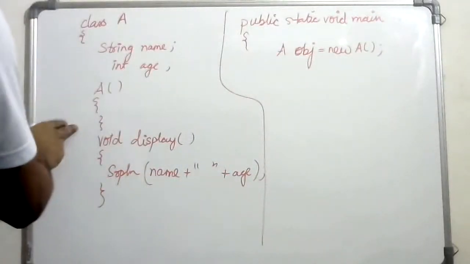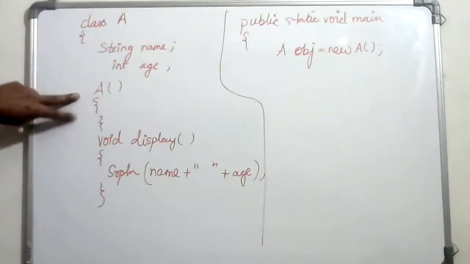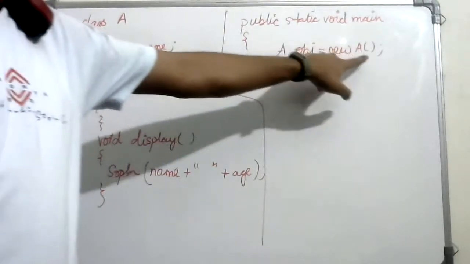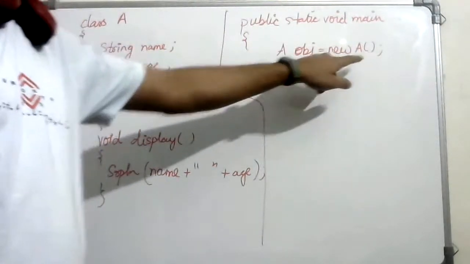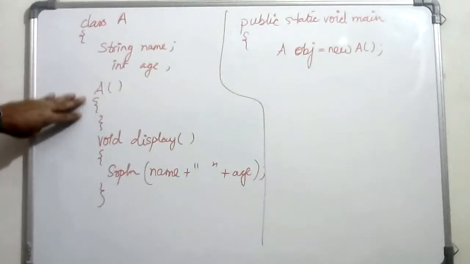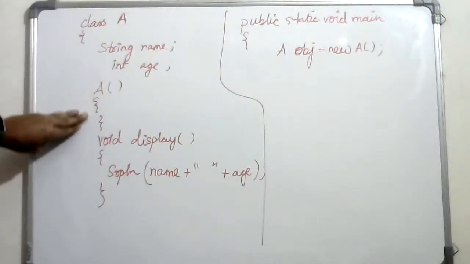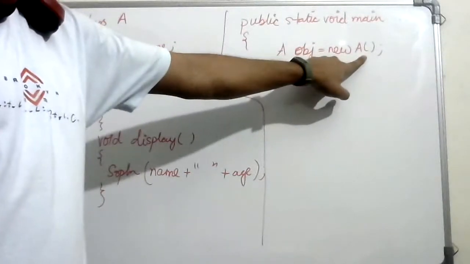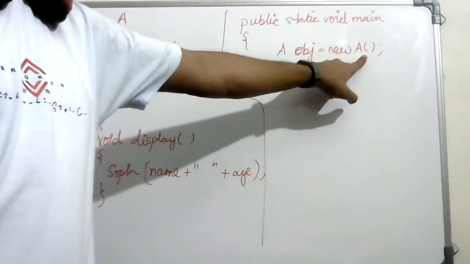So this is my default constructor. When I'm creating an object, I'm calling the default constructor that I have written. Since I've written it already on my own, the compiler does not provide its own version. It uses my version of the default constructor instead of providing its own. And this particular default constructor is called here when I'm creating the object.